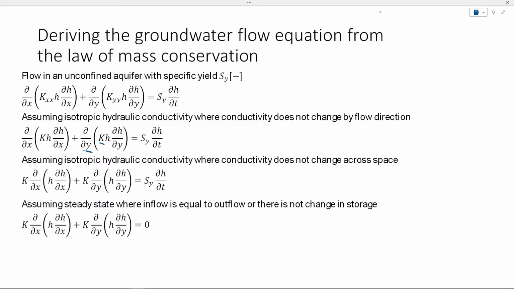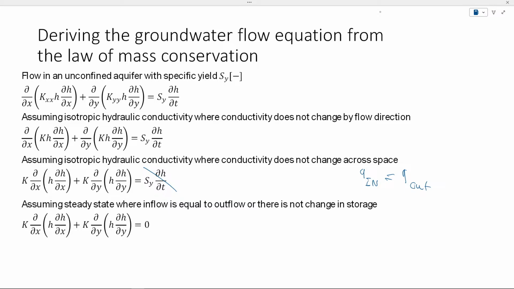Now let's do one more simplification. Let's assume that my Q in is equal to Q out. That's like steady state, or small q, doesn't matter. Steady state means that my head is not changing with time.